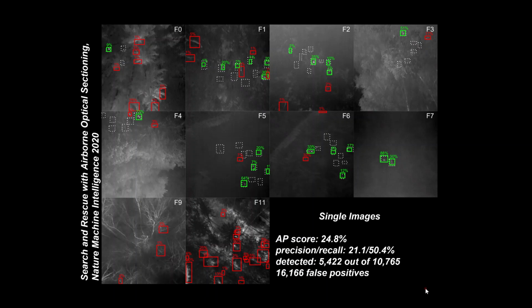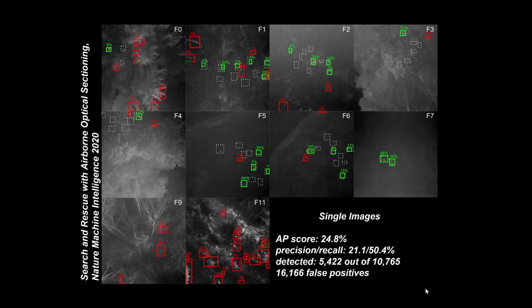In total, we are able to detect only about 5,500 cases out of 10,700, but we also get more than 16,000 false positives, and that leads to the low average precision score of less than 25%. So in conclusion, person classification under strong occlusion conditions in a straightforward way does not work in a practical sense.